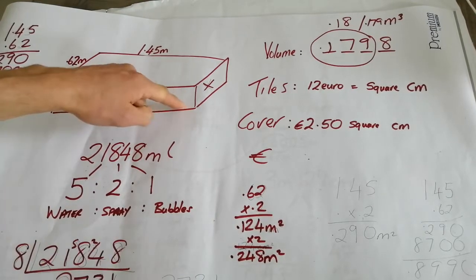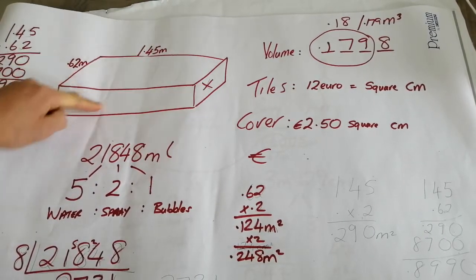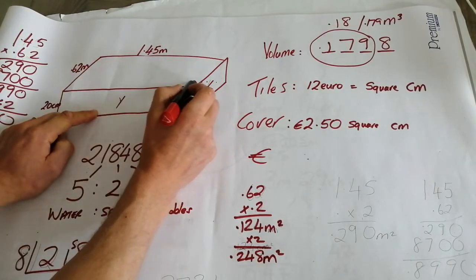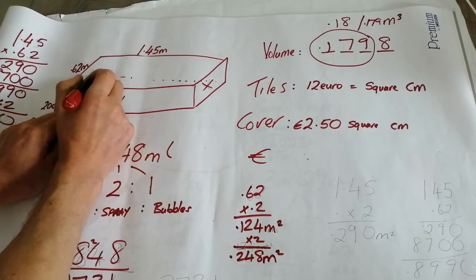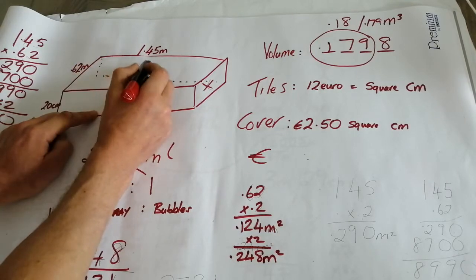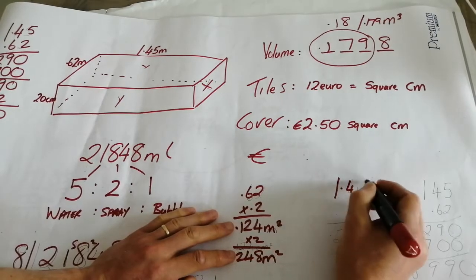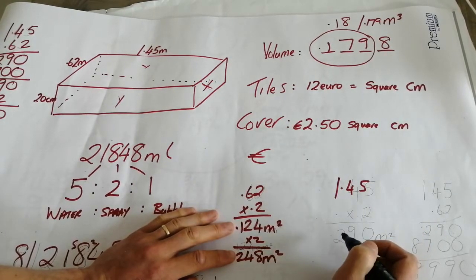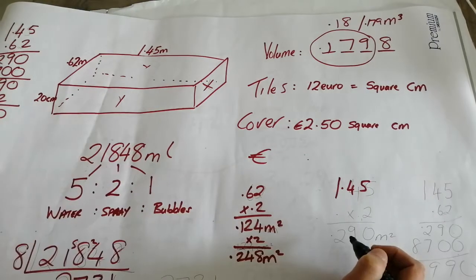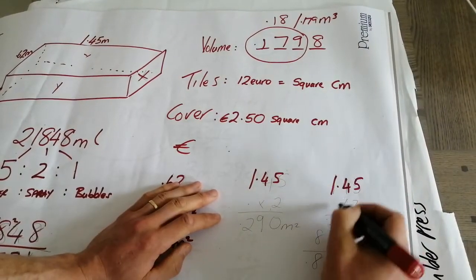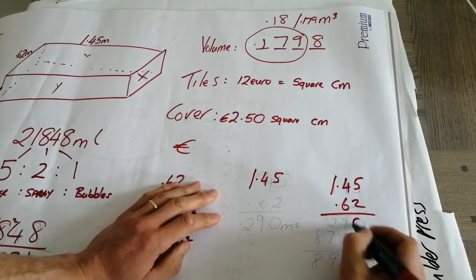Now you have to work out the 2 long sides here, so that'll be this one, we'll call that y, and you imagine there's also one just there in the background too. Okay, that one there as well. So 1.45 by, oh, that's over here. 1.45 by 0.62.